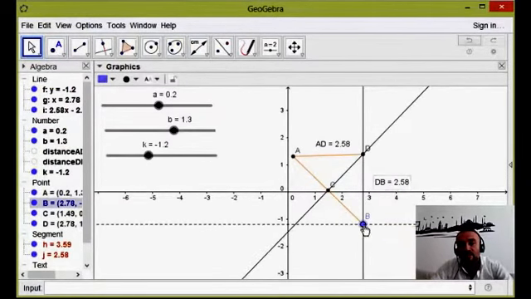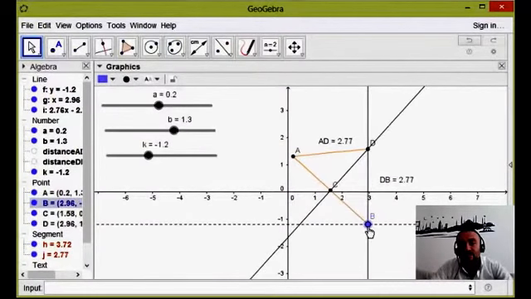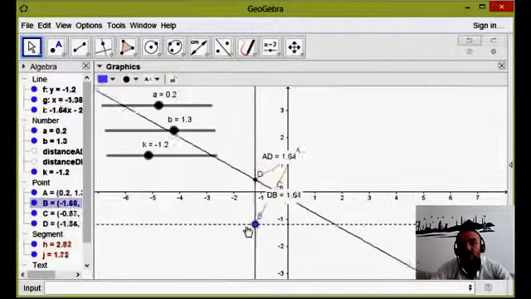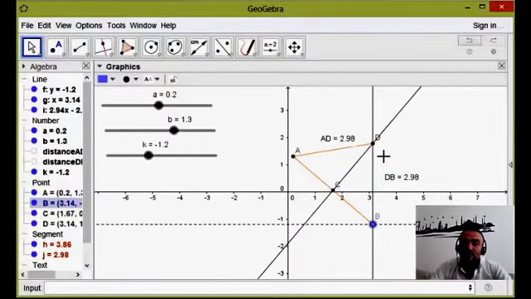And when you move the point B, the distances are always similar for every position of B. So you have a point whose distance to the line y equals k and the distance to A are the same.